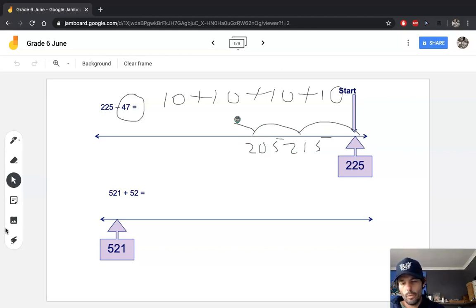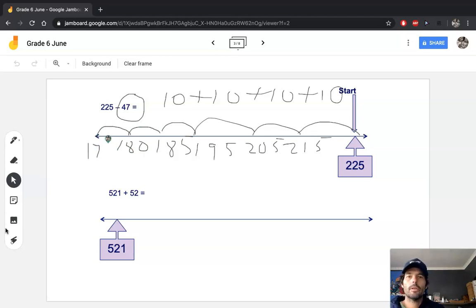Another 10, 195. And then another 10, 185. And then we just need to jump back 7 places. So we can go 7 individual units. Alternatively, we could jump back 5 to 180 and 2 to 178. And there is our answer.